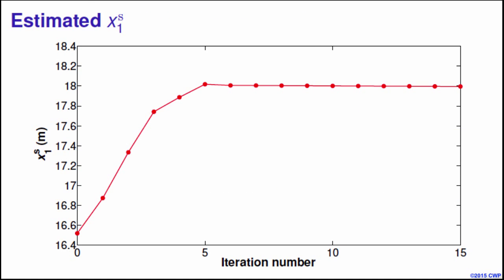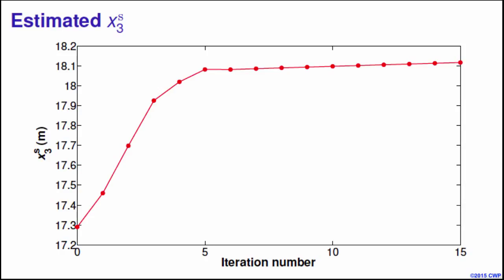Now the plots for the inverted coordinates are shown here. We are able to get an update of less than 2 meters, which is a very small update. And then this is the update for the vertical coordinate that is also very small.